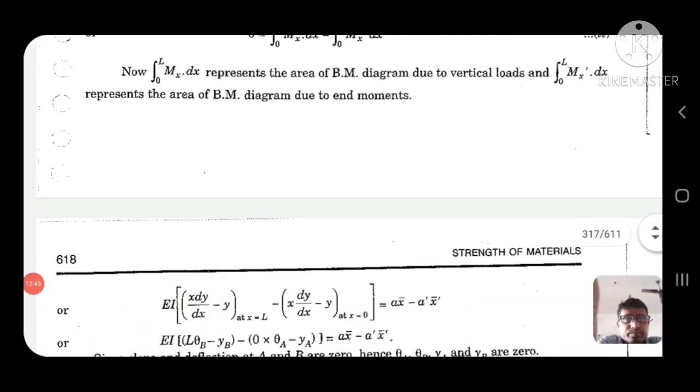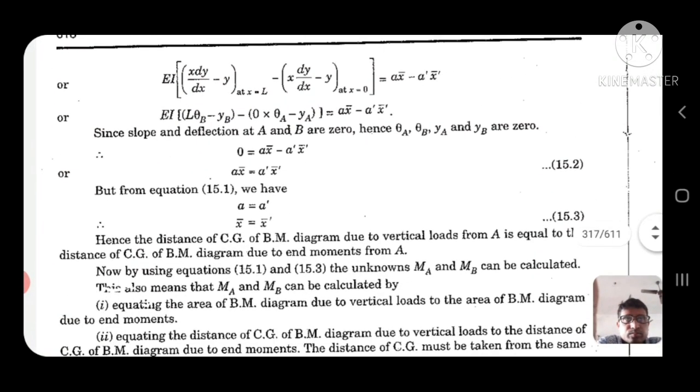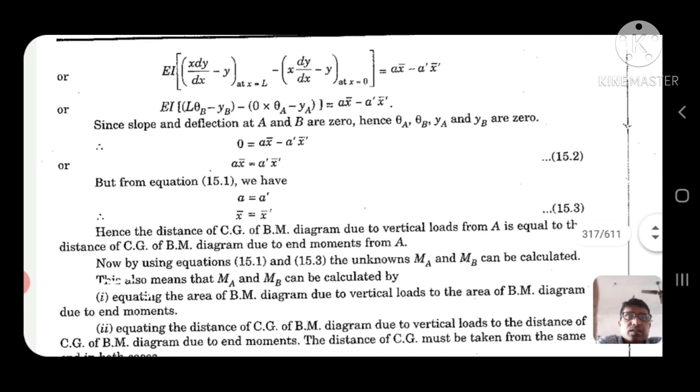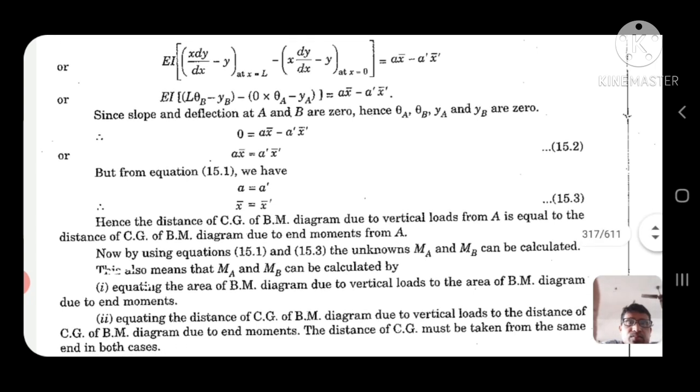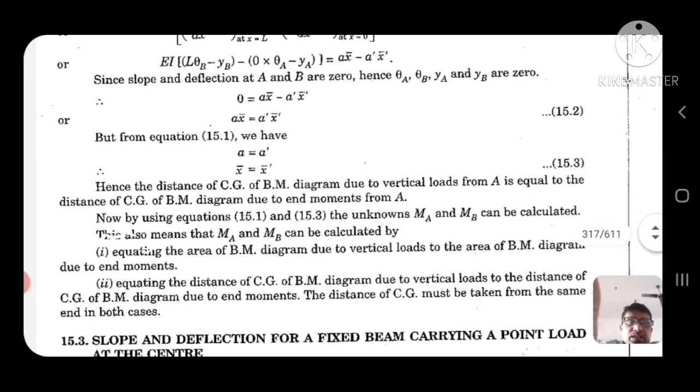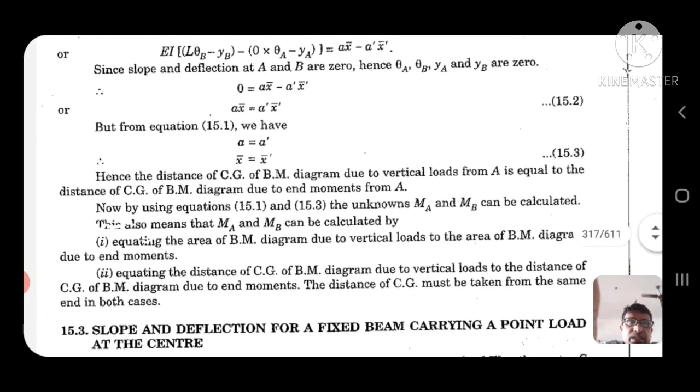Now EI times x dy by dx minus y at x equal to L minus x dy by dx minus y at x equal to 0 is equal to A x prime minus A prime x bar. That is, EI L theta B minus y B minus theta A minus y A is equal to A x prime minus A prime x bar.